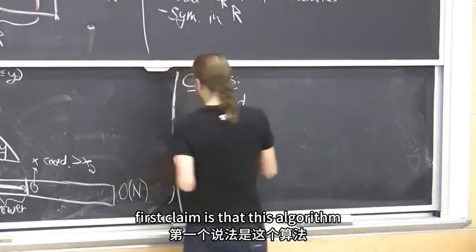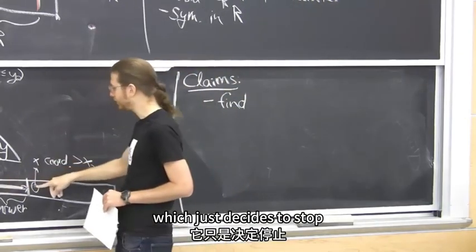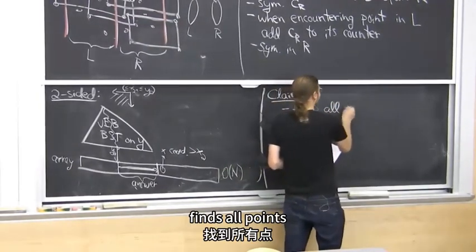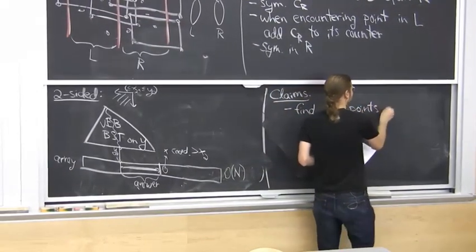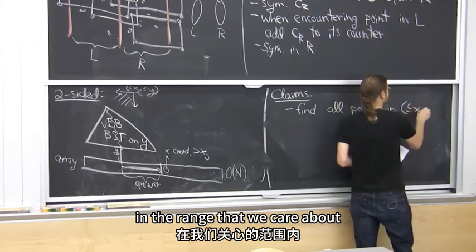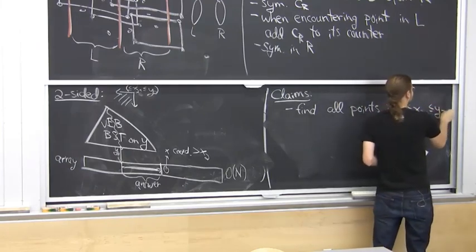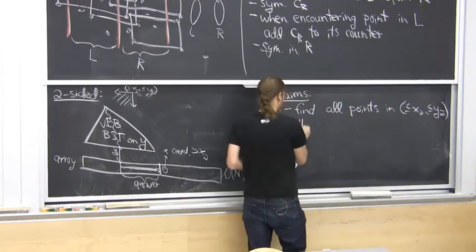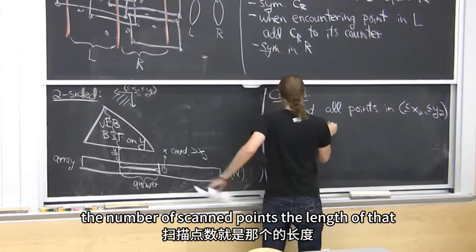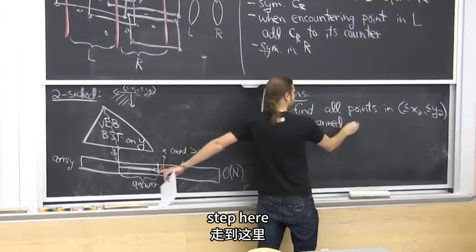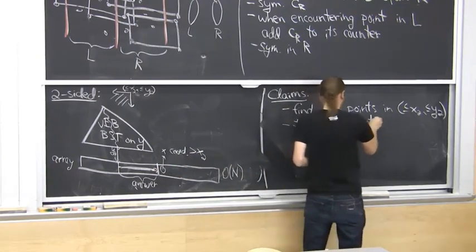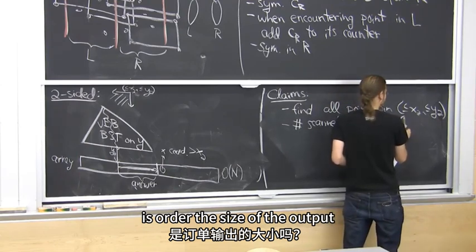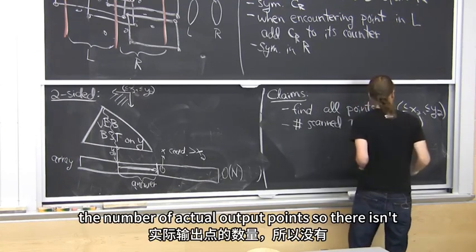First claim is that this algorithm, which just decides to stop whenever it gets an x coordinate that's too big, actually finds the right answer. Finds all points in the range that we care about. Second thing is that the number of scanned points, the length of that step here, is order the size of the output, the number of actual output points.